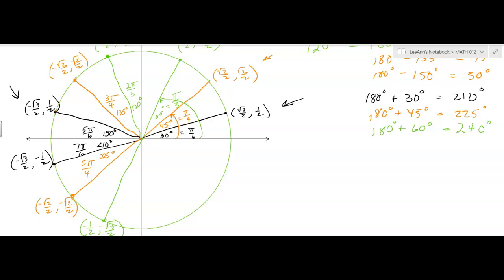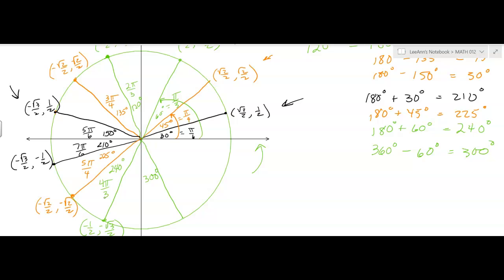Now we go to the fourth quadrant. So right here. What we do in the fourth quadrant is, remember, we always go for reference angles to the x-axis. So it's 360 minus 60 degrees, which is 300. Oh, I didn't write in the degrees on the last one, did I? 240. And then what was that? It's going to be 4 pi over 3.